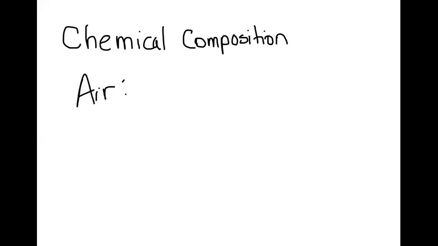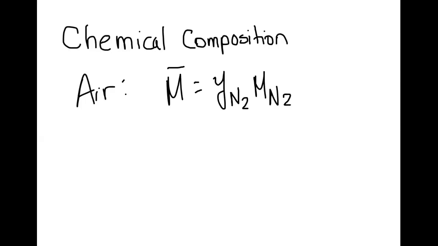A very common mixture is air. So the molecular weight of air is going to be equal to, let's say we only have nitrogen and oxygen, the mole fraction of nitrogen times the molecular weight of nitrogen plus the mole fraction of oxygen times the molecular weight of oxygen.